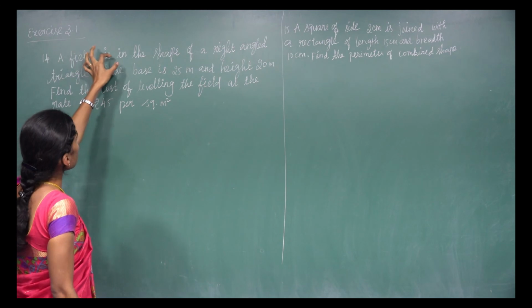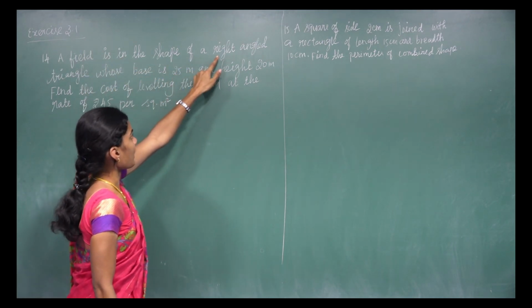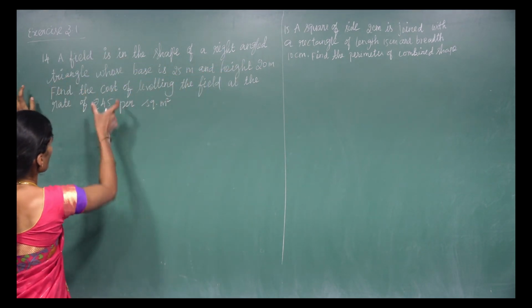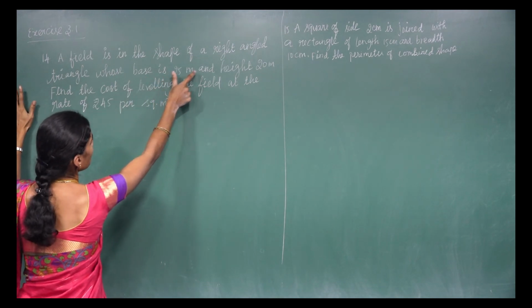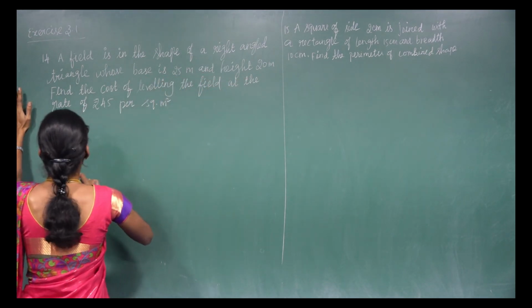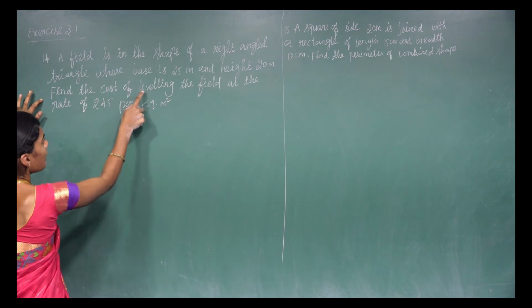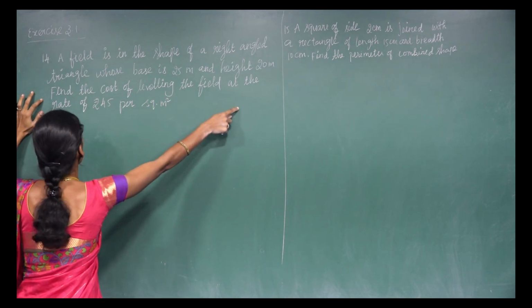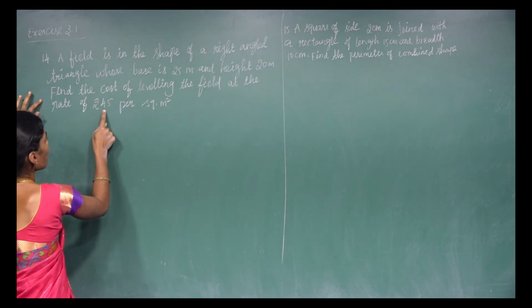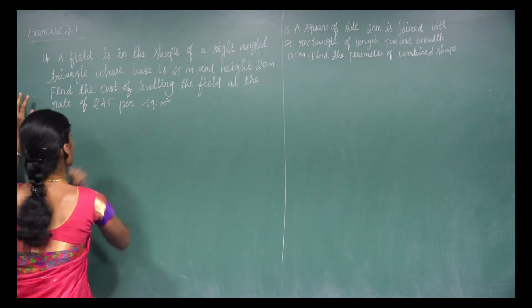Your field is in the shape of a right angle triangle whose base is 25 meter and the height is 20 meter. Find the cost of leveling the field at the rate of rupees 45 per square meter.